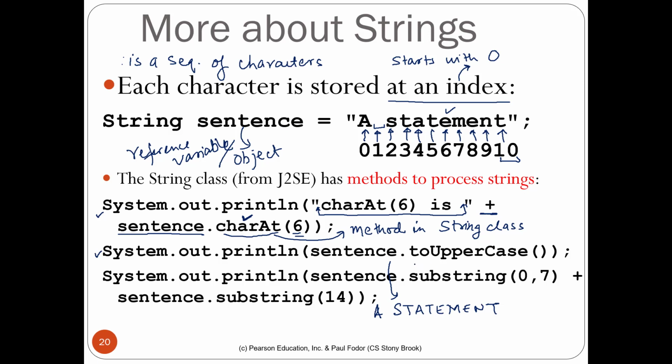The method is self-explanatory, very intuitive. If you want to convert your string to uppercase, just call this toUpperCase method. How about the third one? We are learning about three methods: charAt, toUpperCase, and let's see substring.